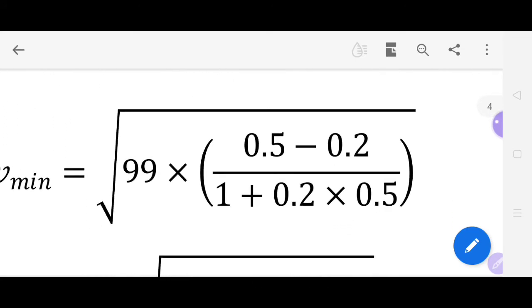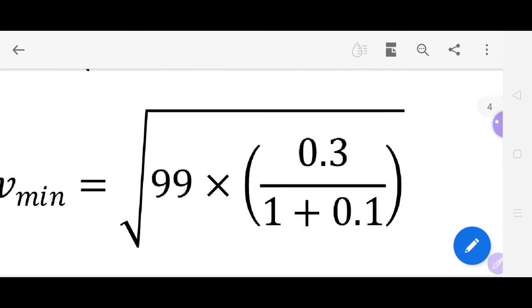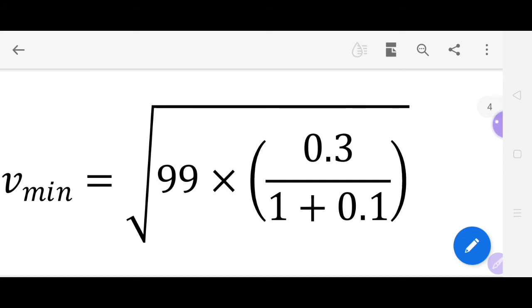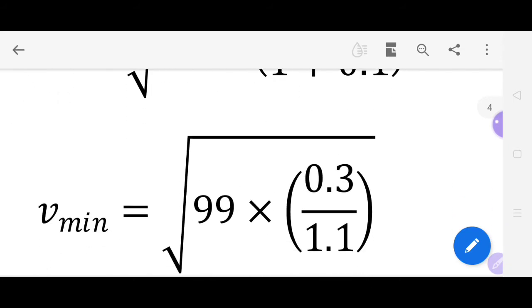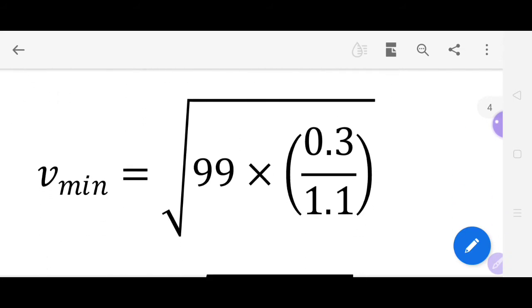So we get v minimum is equal to square root of 99 into 0.5 minus 0.2 divided by 1 plus 0.2 into 0.5. Now 0.5 minus 0.2 is 0.3, and 0.2 into 0.5 will be 0.1. So v minimum is equal to square root of 99 into 0.3 by 1.1.